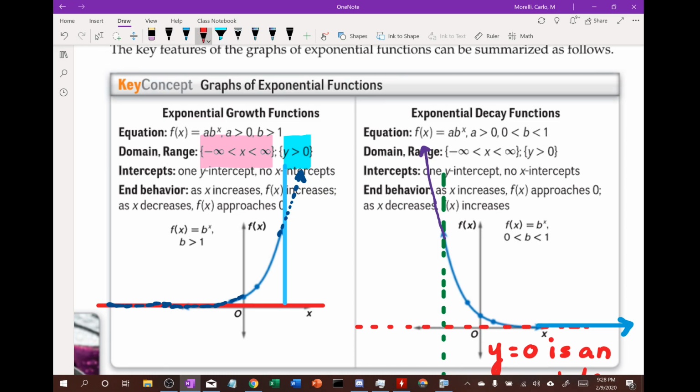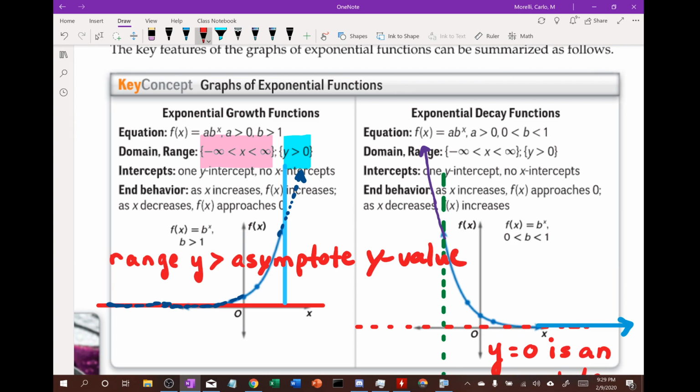Okay. So it says it's greater than 0 for this one. But what if your asymptote is not 0? So the range y is all values greater than whatever the asymptote y value is. In both of these cases, it's 0. But if it was not 0, then you'd have to look at it.